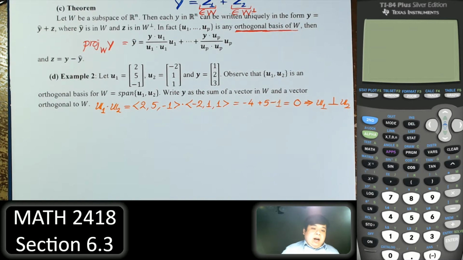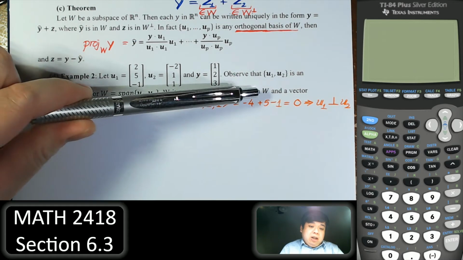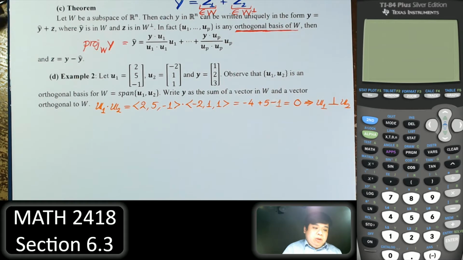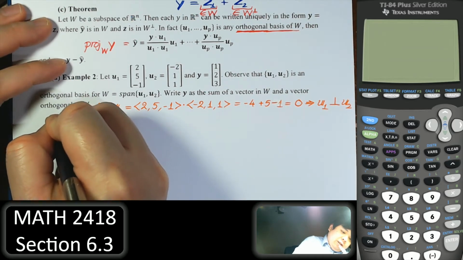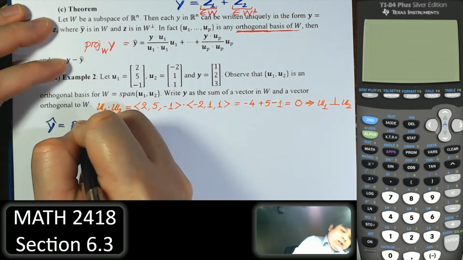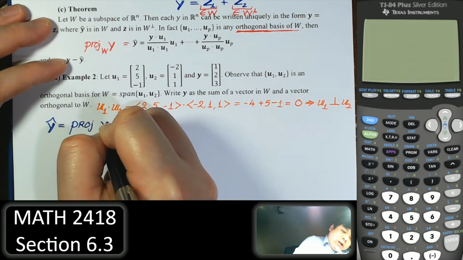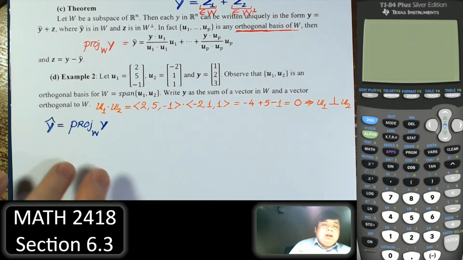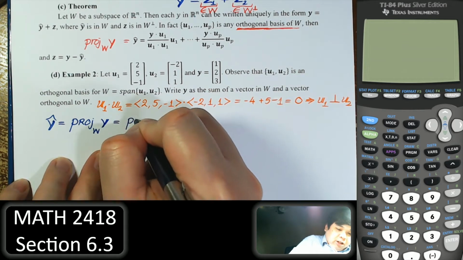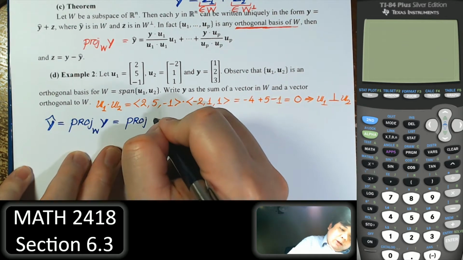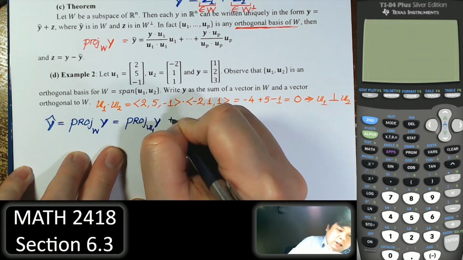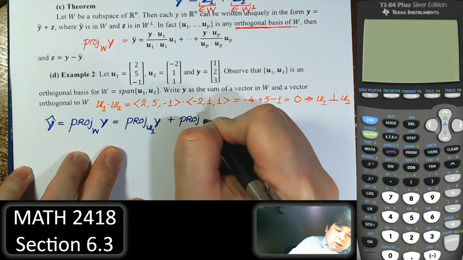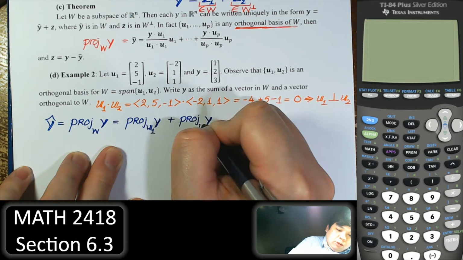In that case, we will write y as the sum of a vector in W and a vector that is orthogonal to W. So first we will write y hat, which is the projection of y onto W, as the projection of y onto u1 plus the projection of y onto u2.